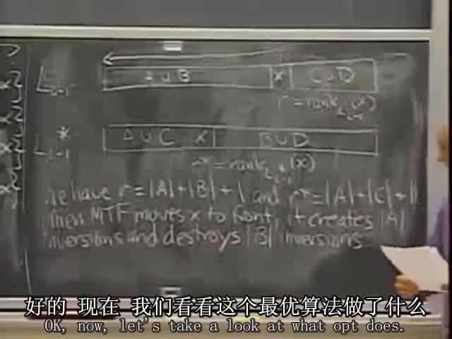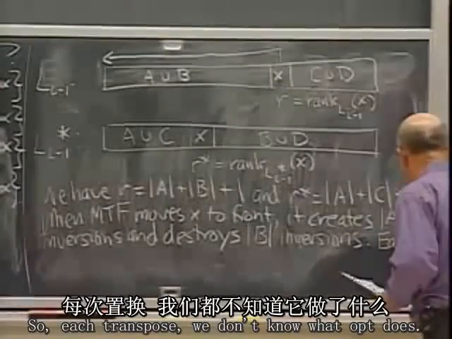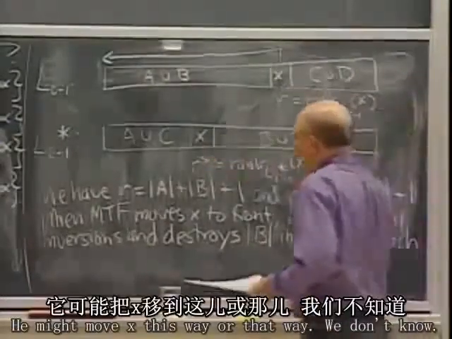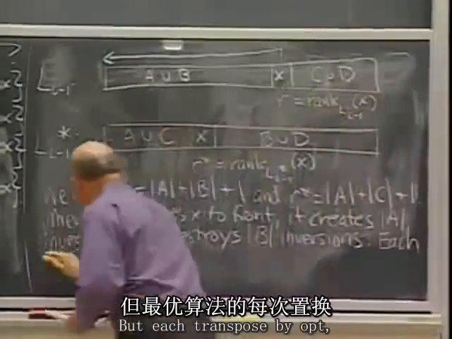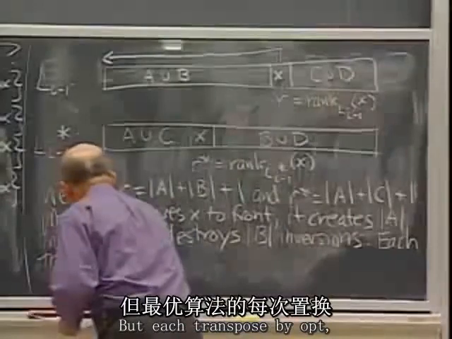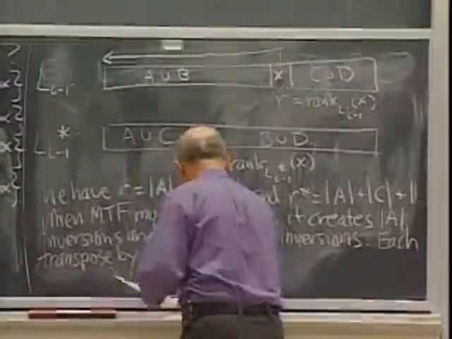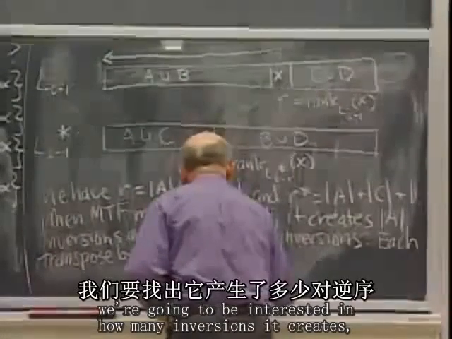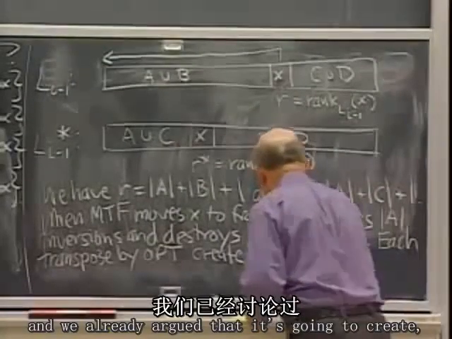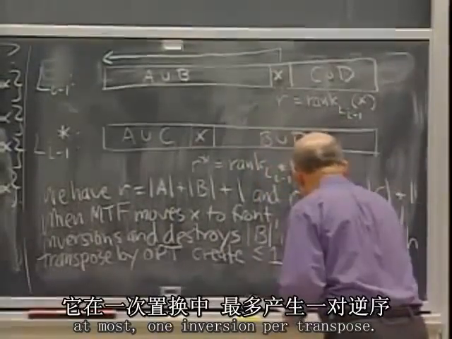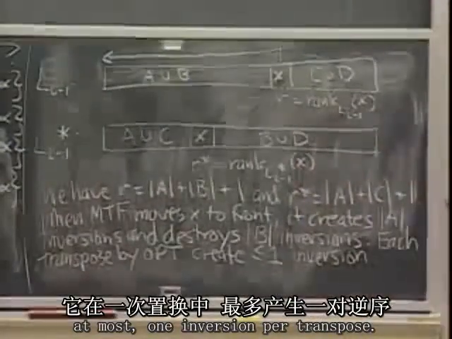Now, let's take a look at what OPT does. We don't know what OPT does. He might move X this way or that way. But each transpose by OPT, we're going to be interested in how many inversions it creates. And we've already argued that it's going to create at most one inversion per transpose.